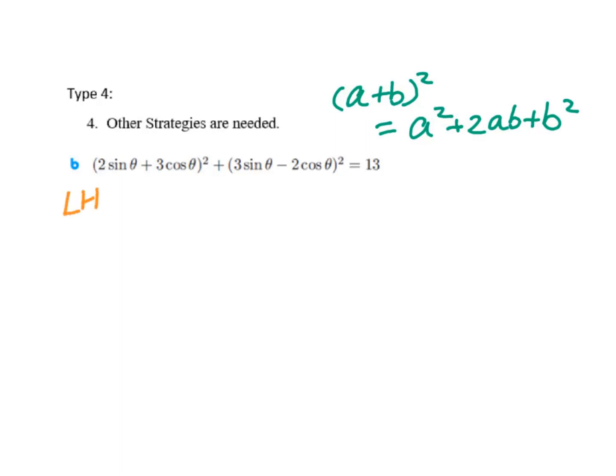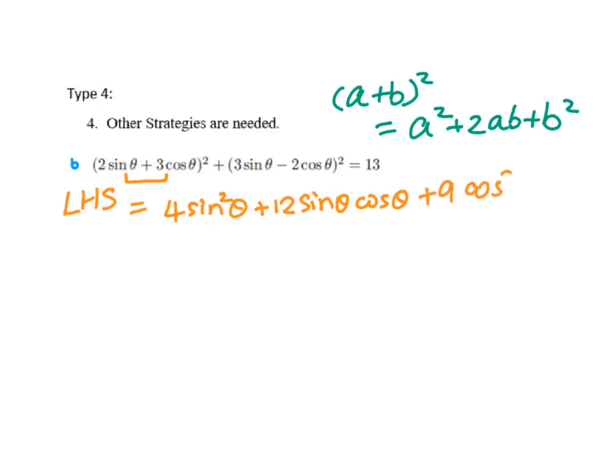So we start from the left hand side. I have 4 sine square theta plus these two multiplied times 2, that is 12 sine theta cosine theta. Then plus 9 cosine square theta.